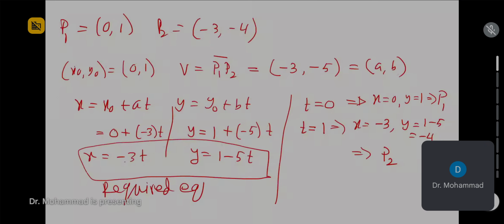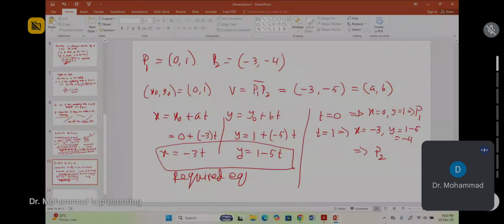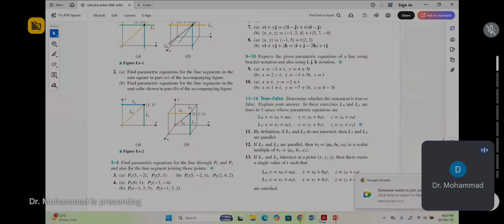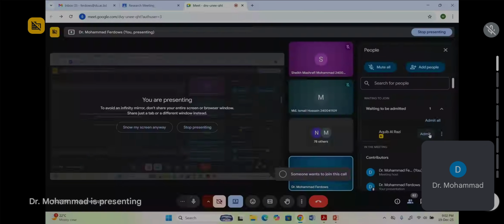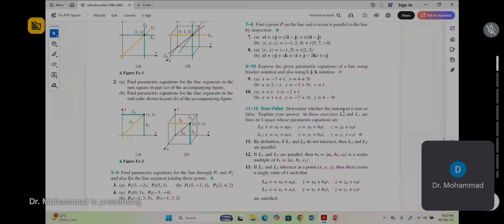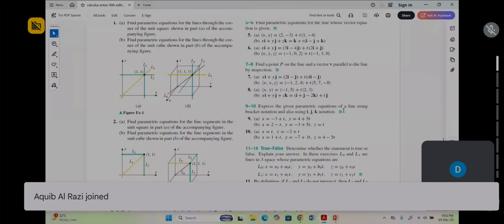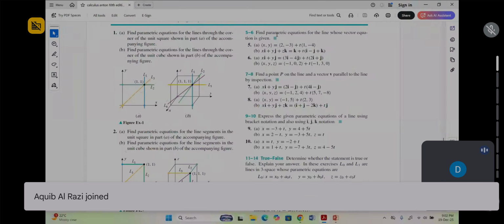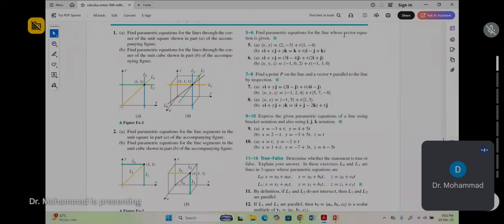Okay? So now look at problem number 5. Find the parametric equation for the line whose vector equation is given.